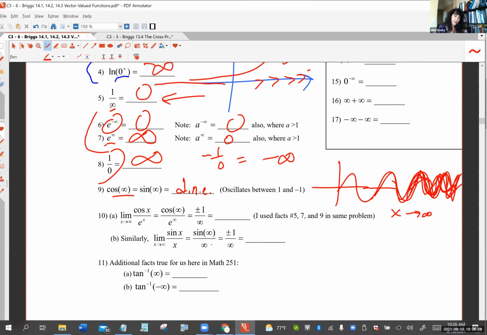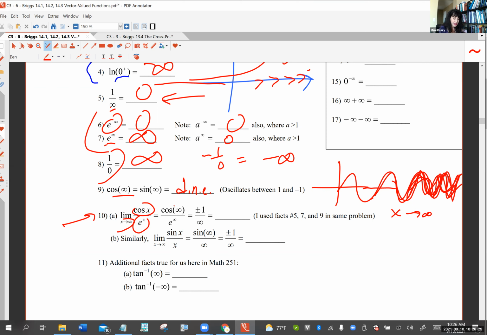Now, here's the tricky part. A lot of students get number 9, no problem, but then they confuse that with number 10, which is a different kind of issue. What if you're putting a cosine or a sine in a numerator? You have x going to infinity, but the denominator goes to infinity.